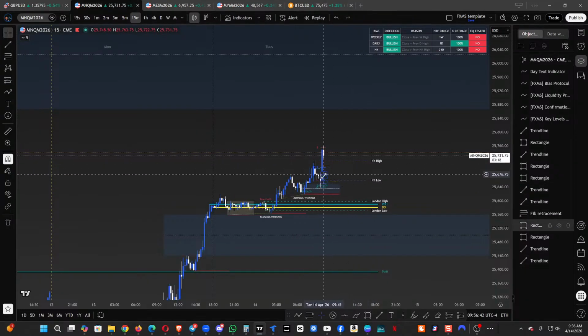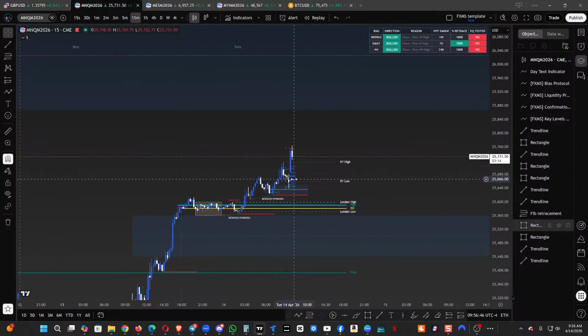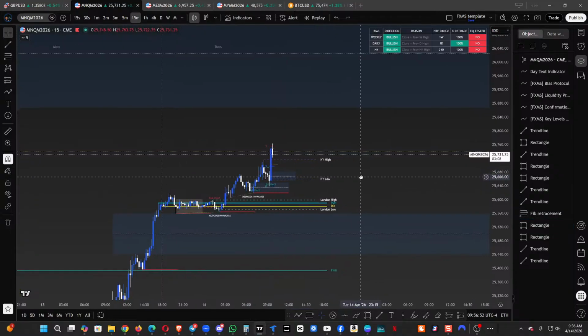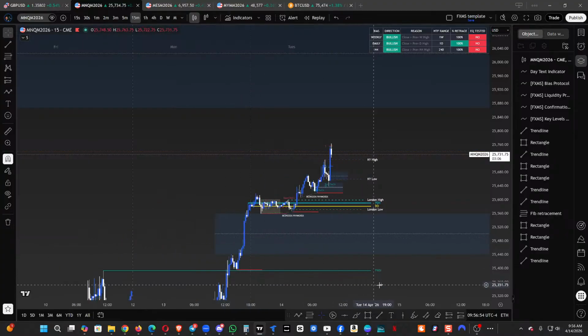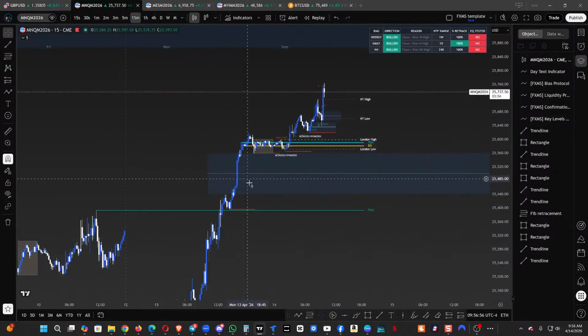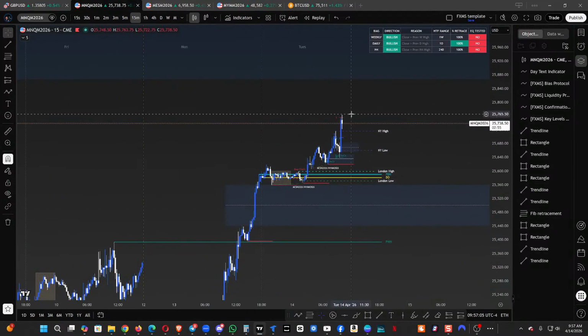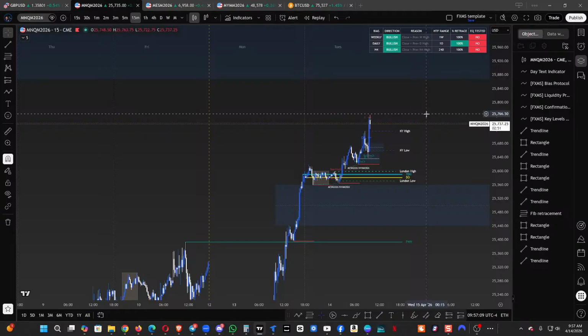But after we retrace into levels here, we should see these levels hold. Right, like if this divergence holds, if the order block holds, because what we want to do is build in liquidity, all of this liquidity here, for when we actually do get the reversal, which we are expecting to be up here, to then come down for these levels, right? It could also come down for these levels now, right here, after taking this level out.